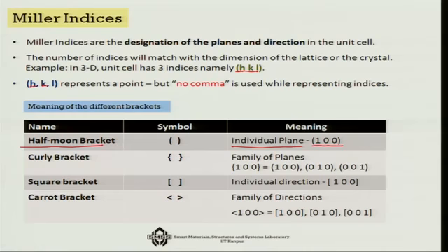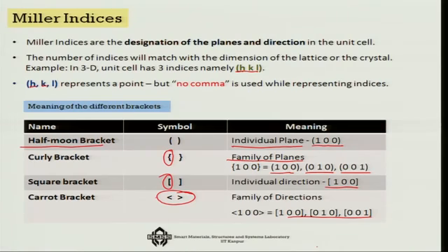Similarly, if there are other planes like 100, 010, 001, all of them together we show with a curly bracket, so that it shows a family of planes. Now, if we want to indicate just a direction, but not the plane, then we use the square bracket, that is the convention. So, an individual direction is a square bracket with 100, and when we want to refer to a family of directions, then we use the angle bracket, that shows the family of directions.